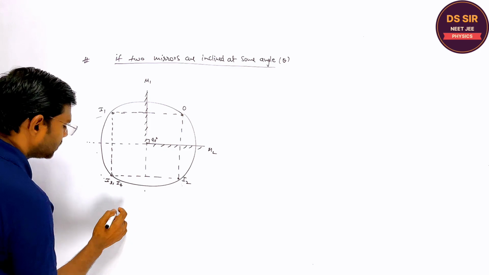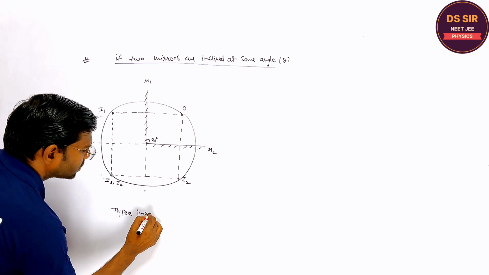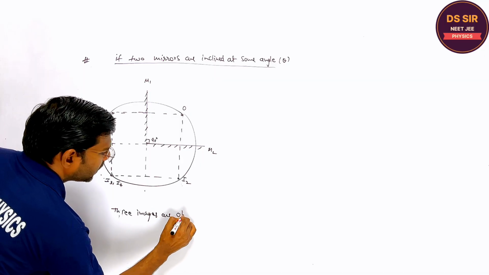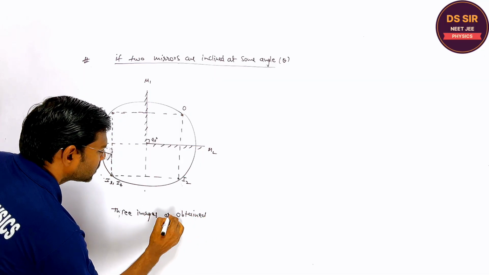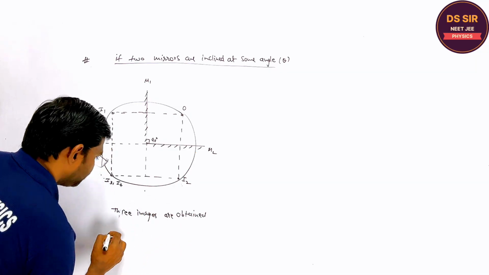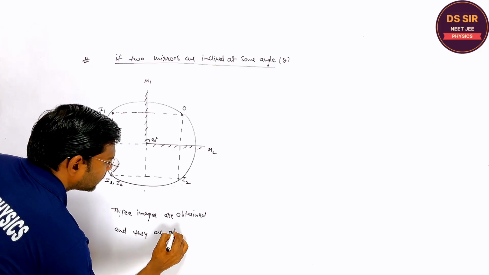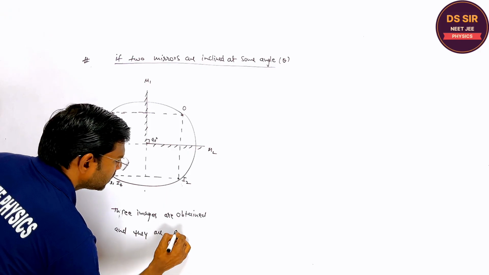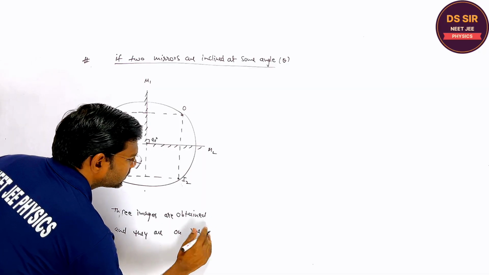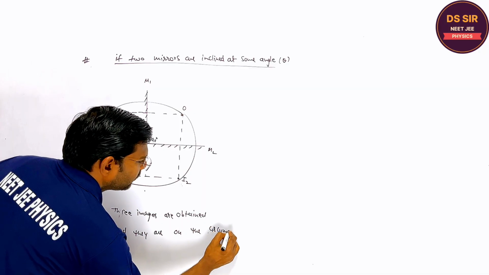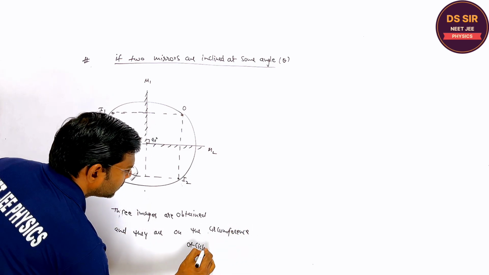So three images are obtained, and they are on the circumference of a circle, right? Like this.